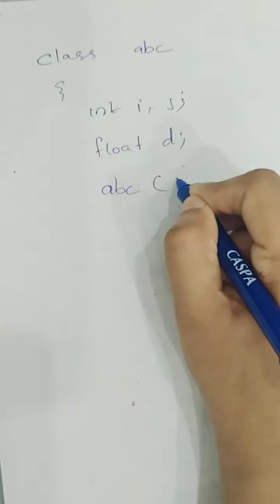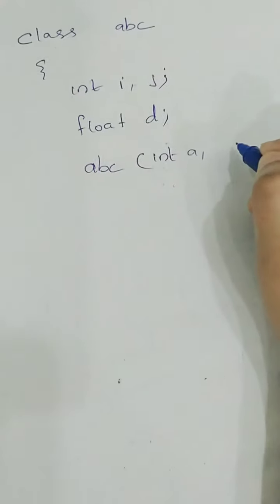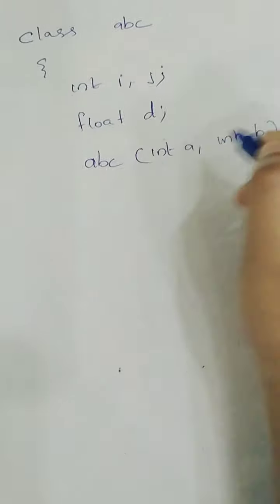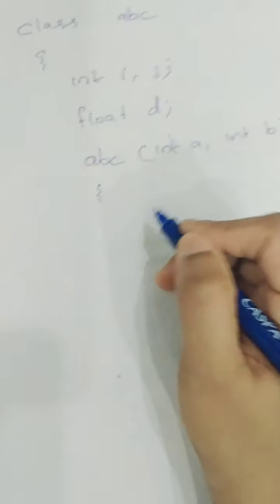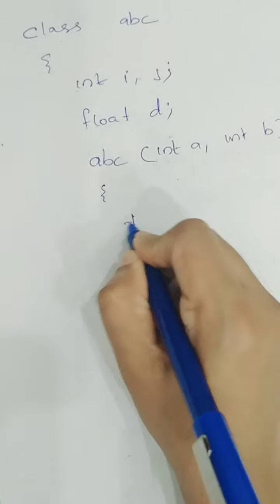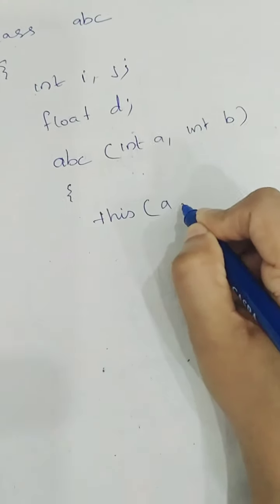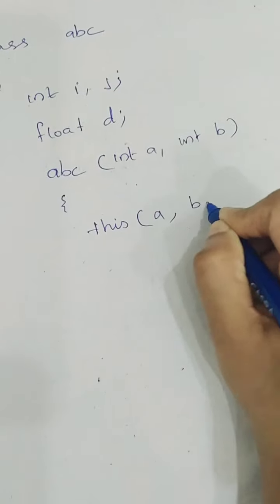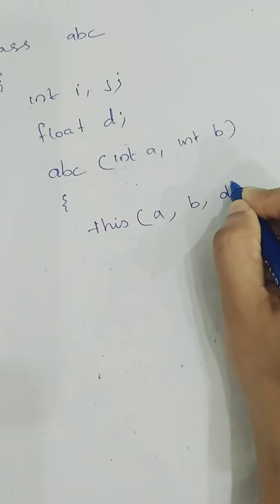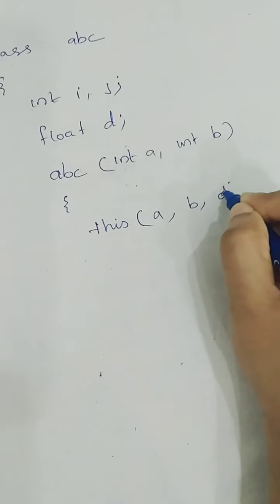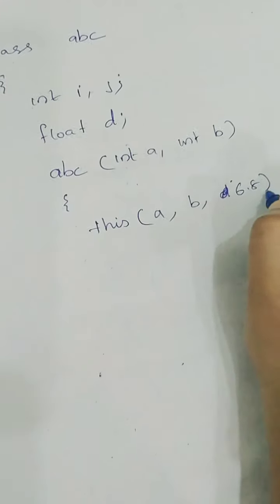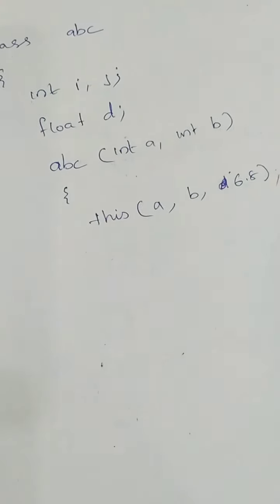ABC with int a comma int b, and inside it this(a, b, d), this will be for 6.8. Okay, 6.8.